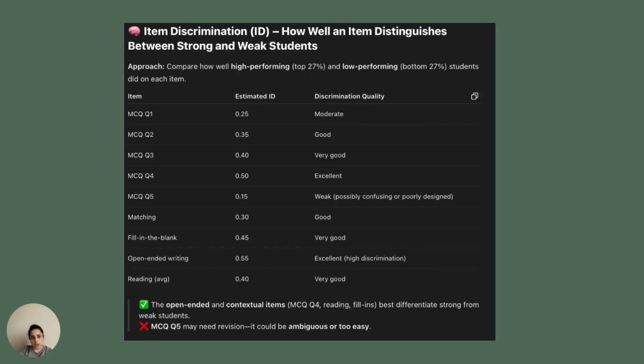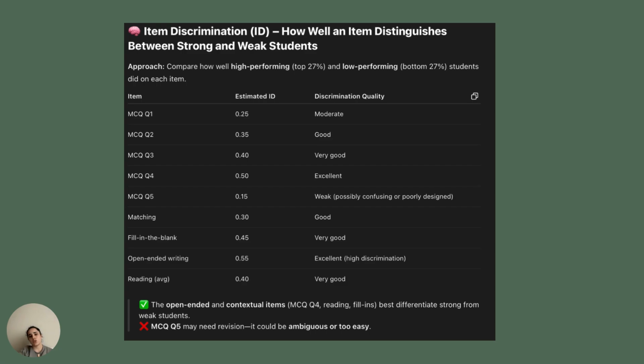Actually, again, for the MCQ1, it was moderate, MCQ2, good, MCQ3, very good, MCQ4, excellent, MCQ5, weak, possibly confusing or poorly designed.